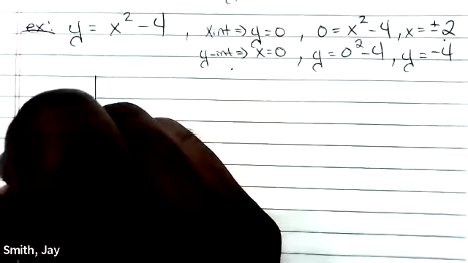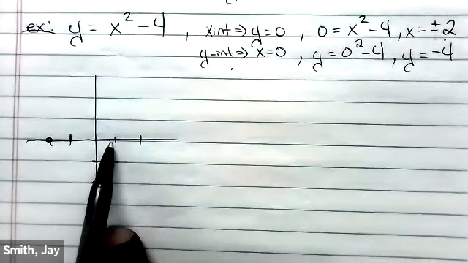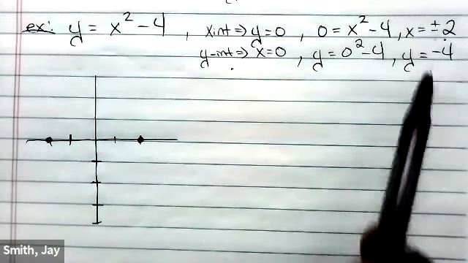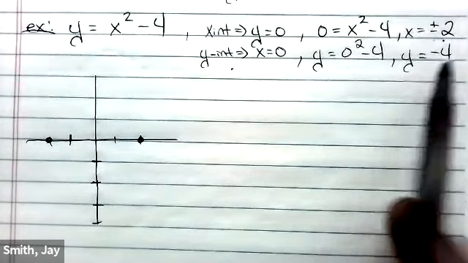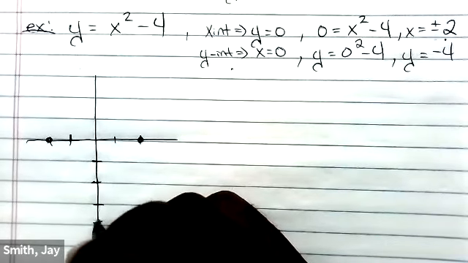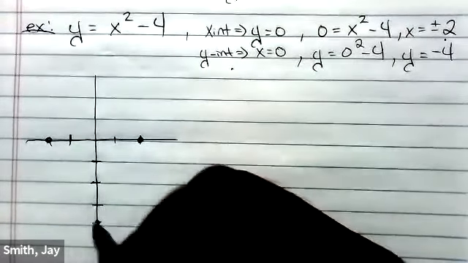So at negative 2 is going to be a point on my graph. Go to the right 2, at positive 2, another point on my graph. These are my x-intercepts. And for my y-intercept, we know that's negative 4. So we just go straight down 4. Now, because we have 2 x-intercepts in this case, there's no need for an additional point.